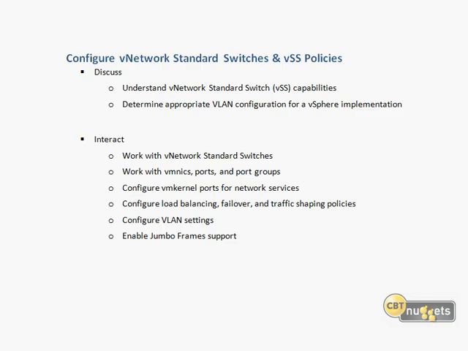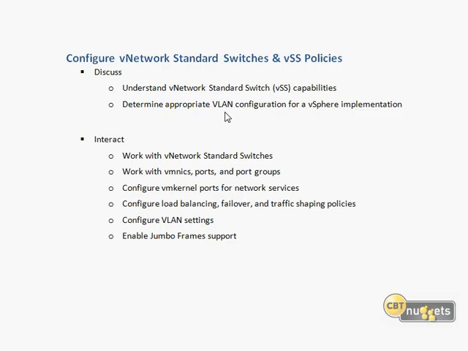So in this nugget, we're going to talk about standard switches and the networking policies that you can associate with those standard switches. We're going to talk about their capabilities, and then also, here in just a minute, we're going to talk about the different ways in which you can configure those switches, not only in a VLAN configuration, but also in a direct connection configuration. I've got an image I'll show you here in just a second that will help you understand how that works.